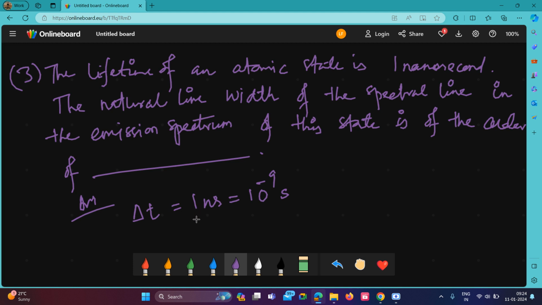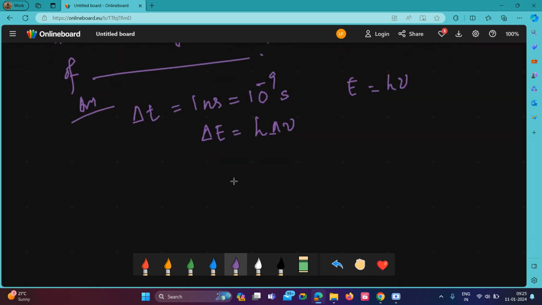Natural line width. What do we have to calculate exactly? We know delta E is equal to h delta nu, because E is equal to h nu. And delta nu can be written as 1 by delta t, so delta E is h by delta t.